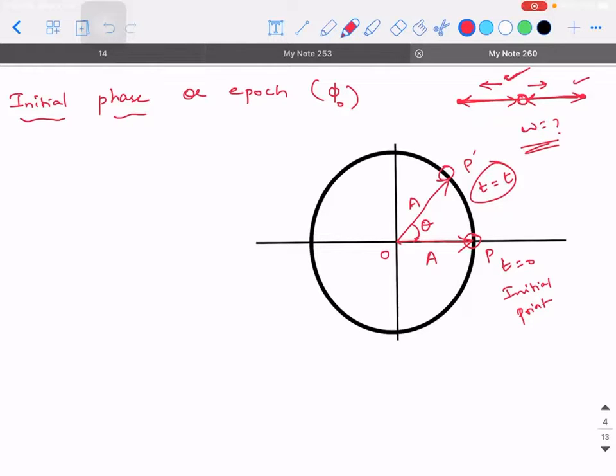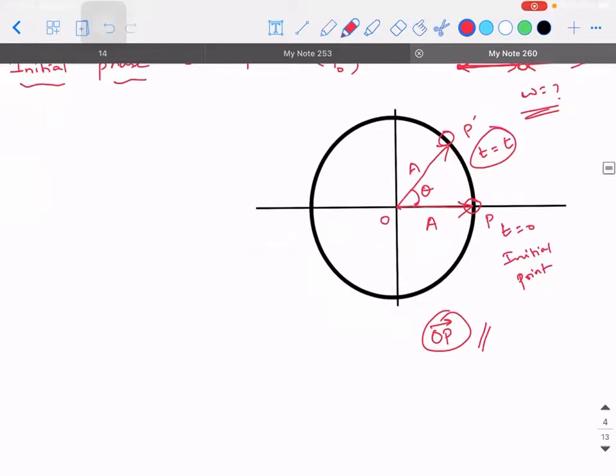What is the angle made by the initial radial vector, that is the OP vector, with respect to x-axis? With respect to x-axis, it is 0. It is 0, right? Because OP is coinciding with the x-axis. So, what I'm trying to say here is, the particle started with an initial angle of 0 degrees.